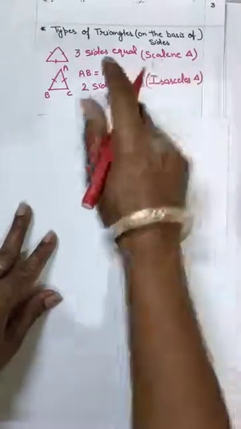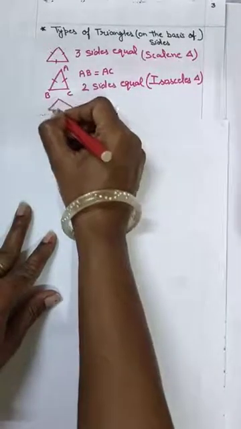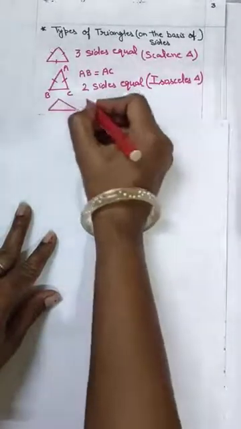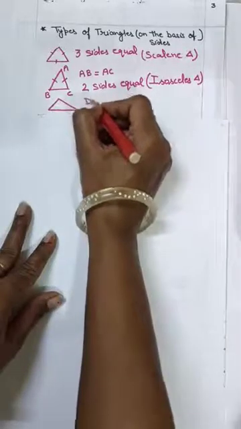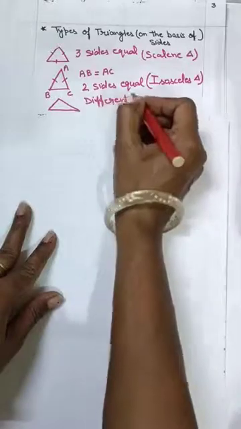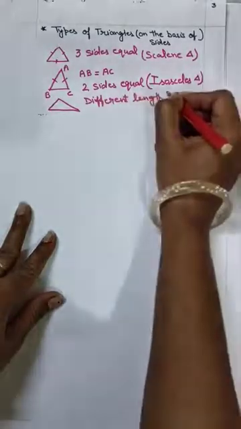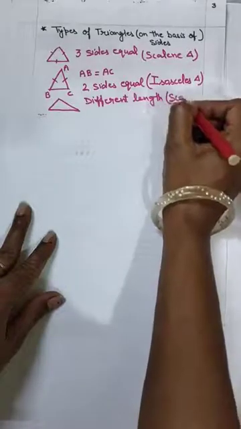And if all the three sides are of different length, then it is a scalene triangle.